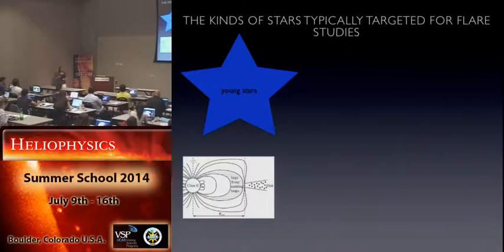I'll talk about this in a little more detail when I get to, actually, it might be in the second talk. But we only really have evidence for these during flares. There are other ways to interpret. Since we can't resolve these stars, we have to use indirect methods to try to determine what a length scale might be.